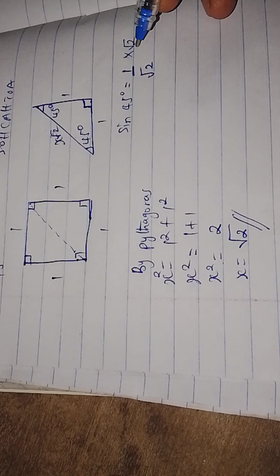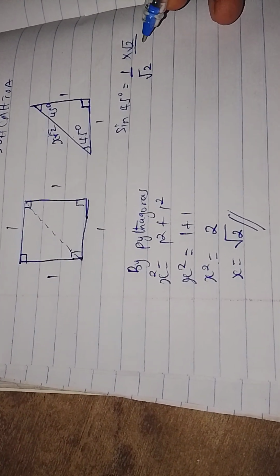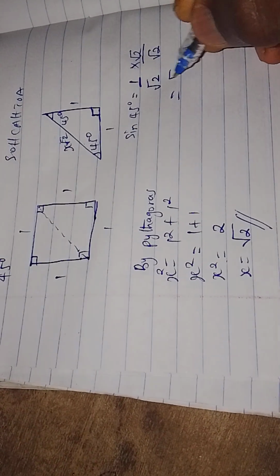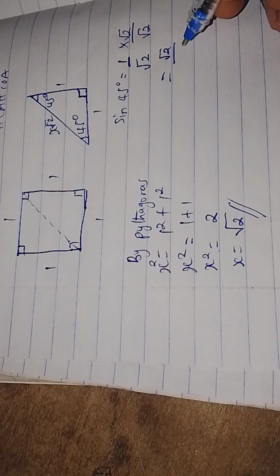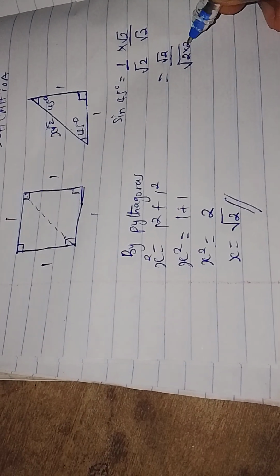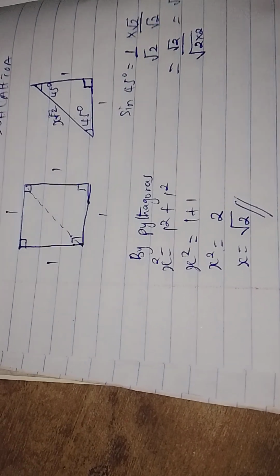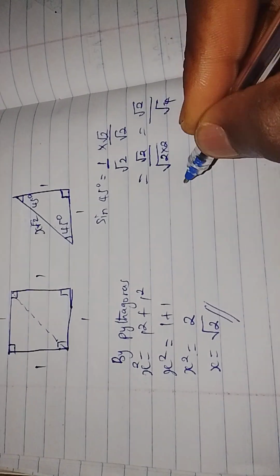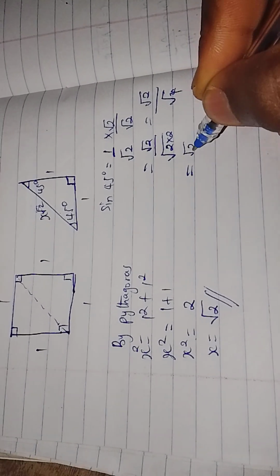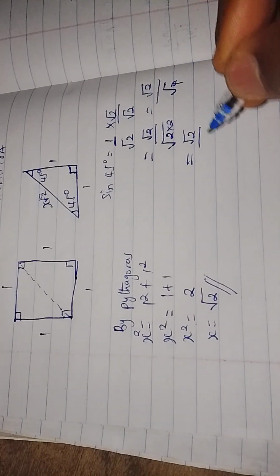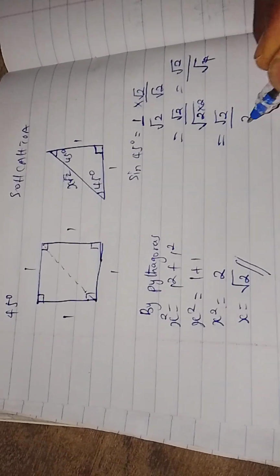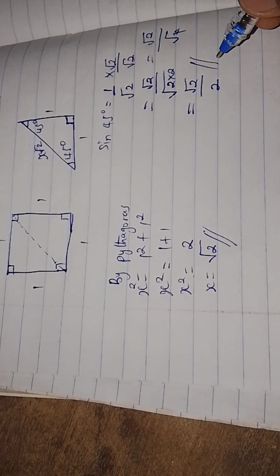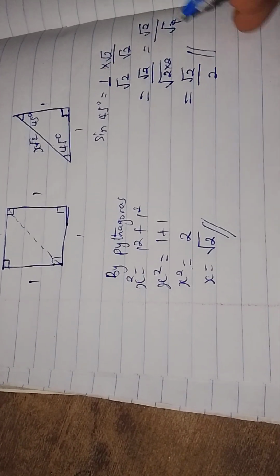Root 2 will come here, we multiply the numerator by root 2, and multiply the denominator by root 2 also. This will give us root 2 all over the square root of 2 times 2, which will be root 2 all over root 4. The square root of 4 mathematically is 2. So this will give us root 2 all over 2. So sine 45 is root 2 all over 2.